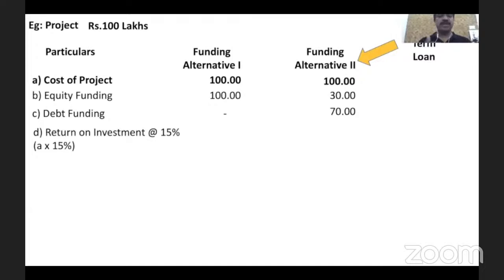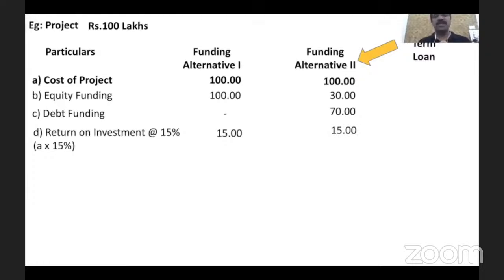This return can be technically called earnings before interest and taxes, right? That is, earnings before providing for interest and before providing for taxes. That is the capacity of this project. So 100 lakhs into 15% will give me 15 lakhs in scenario 1. In scenario 2 also it will give me 15 lakhs.